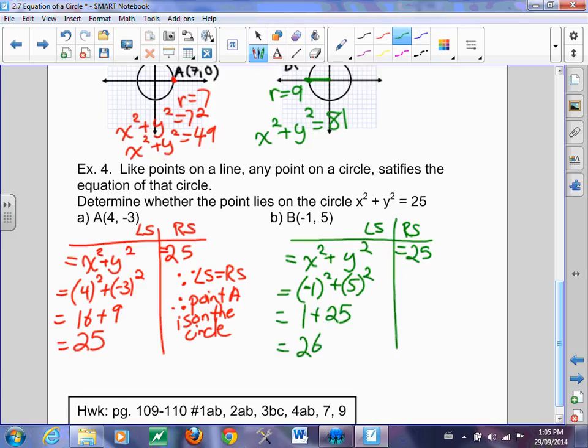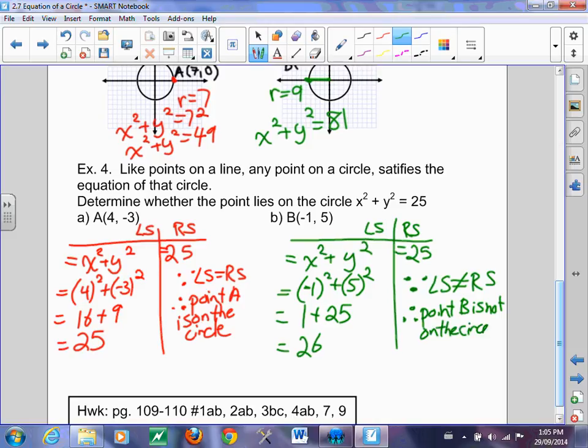Now, I'm not sure if you've seen this case. Does left side equal right side here? No, it doesn't. So you go since left side does not equal right side. See, I'd put a slash through the equal sign, guys. That's your proper communication there. Therefore, point B is not on the circle.